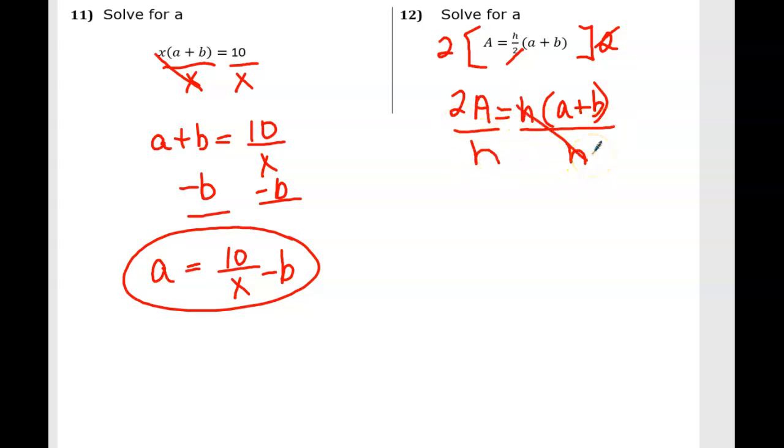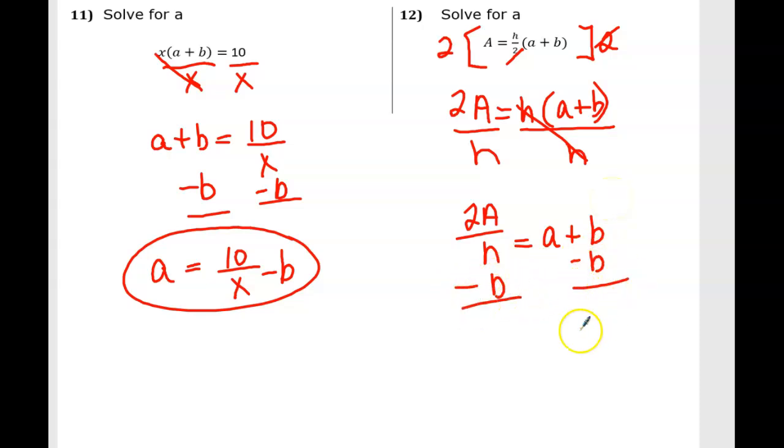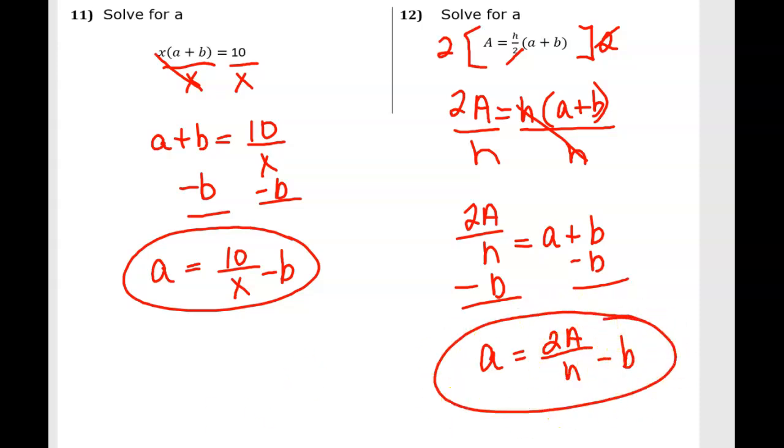H divided by h is 1. So we've got 2a divided by h is equal to a plus b. Now to get a by itself, all we have to do is subtract our b. So I'm going to flip the sides around. A is equal to 2a divided by h minus b. And there's your answer.